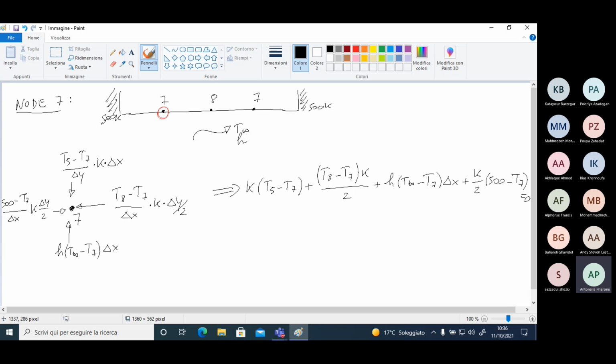All the equation is equal to 0. Substituting.